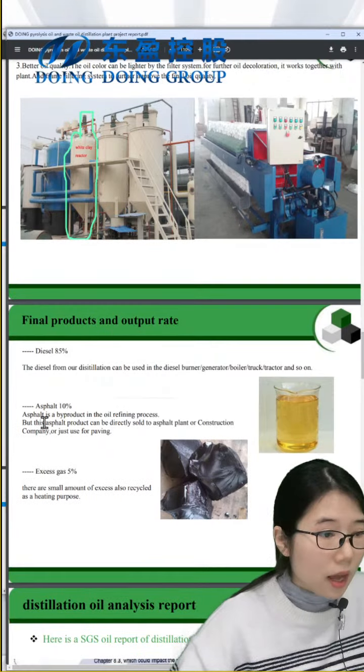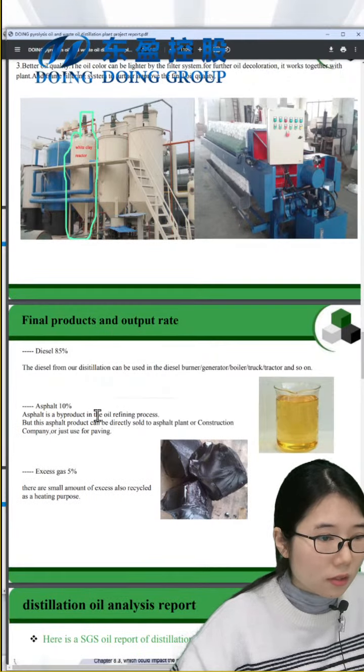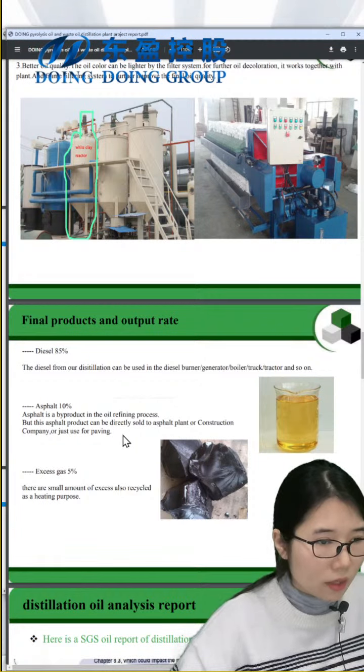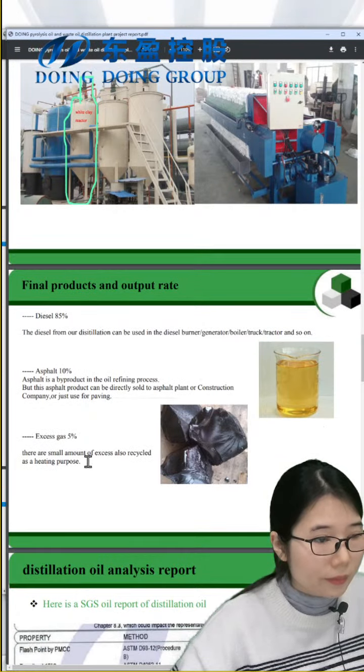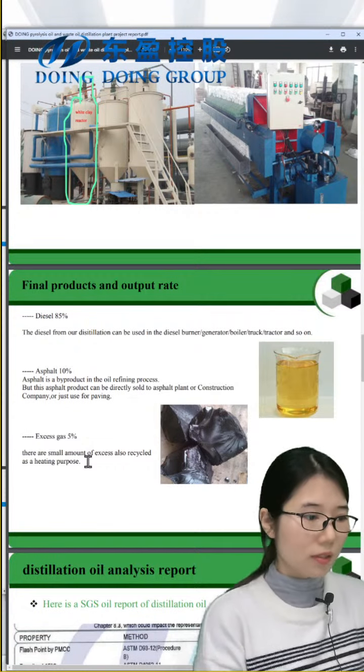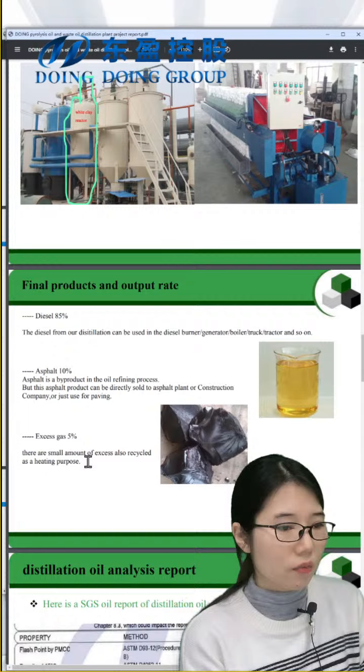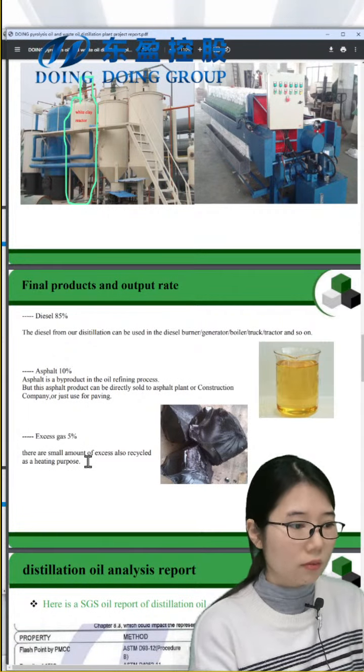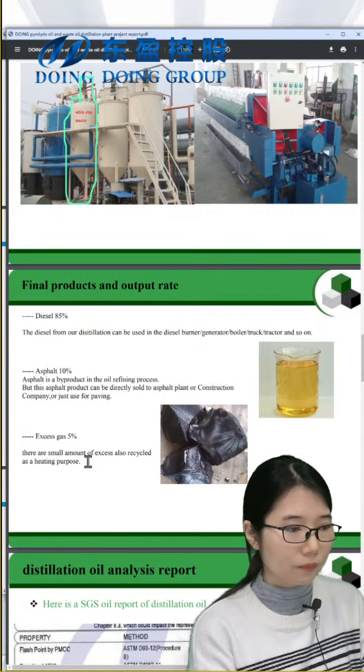The asphalt is a byproduct that can be used for paving roads, or you can sell it to an asphalt plant or construction company. And you also get 5% syngas, which is recycled to heat the reactor and can also save heating fuel.